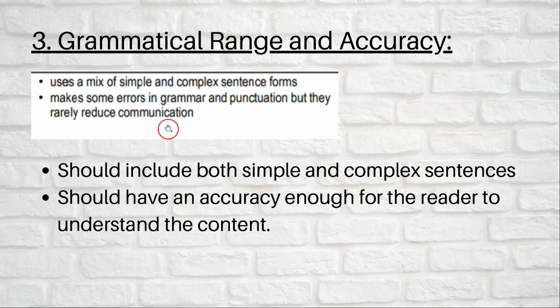If I read your answer and I'm able to understand what you're trying to say in every sentence, that is good enough. But if I'm reading your answer and I'm not able to understand what point you're trying to put across, then that is bad accuracy. And with that kind of mistakes, you will not be able to score 7 in grammatical range and accuracy.